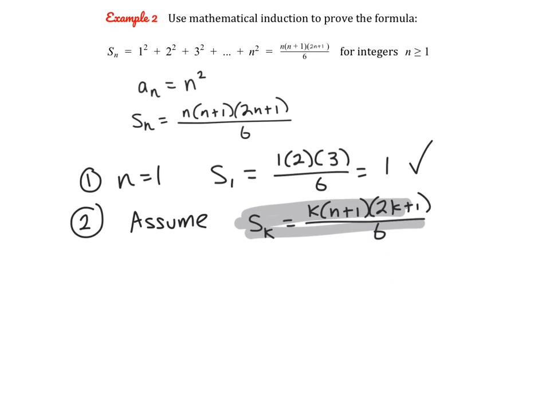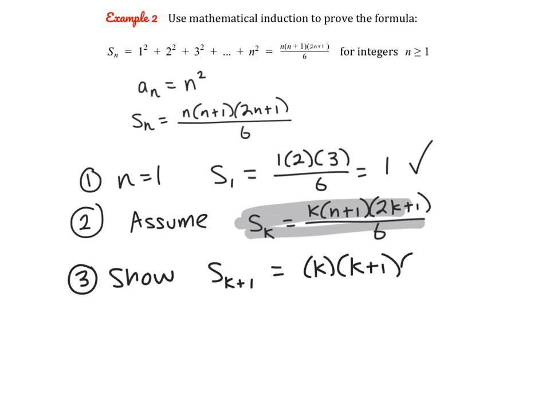Now step 3, we have to show that that rule also works for k plus 1. So I'm going to substitute k plus 1 here, here, and here. So we get k times k plus 1 times 2k plus 3, which came from 2k plus 2 plus 1.